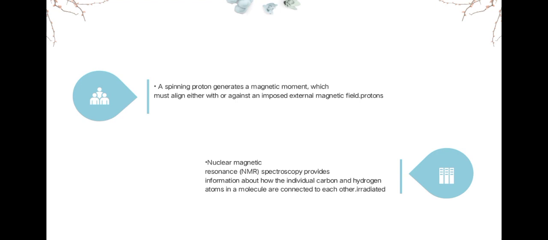A spinning proton generates a magnetic moment which must align either with or against an imposed external magnetic field. Nuclear magnetic resonance, or NMR spectroscopy, provides information about how individual carbon and hydrogen atoms in a molecule are connected to each other.